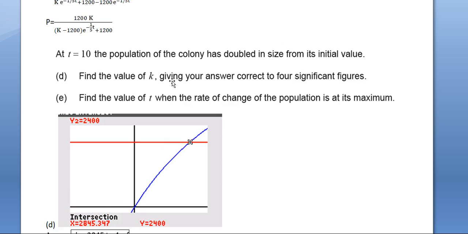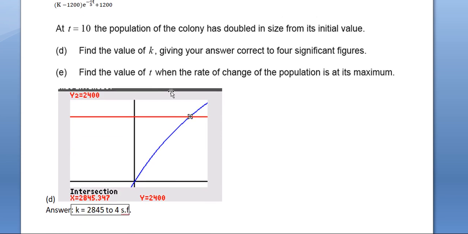So doubled means 2400. So blue graph is graph of population, and we find, so from this information we found that our parameter k is 2845.